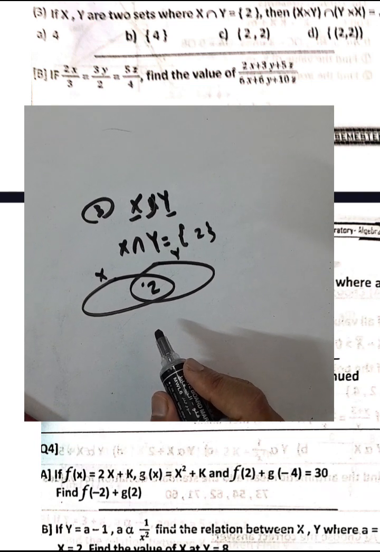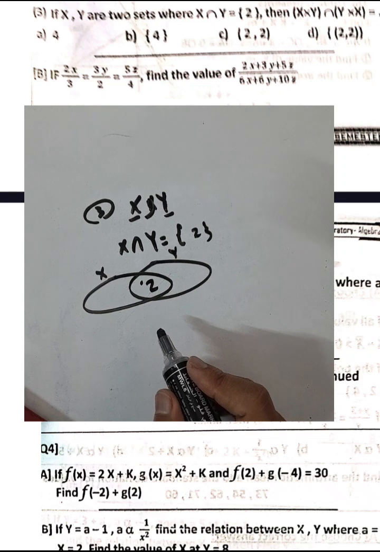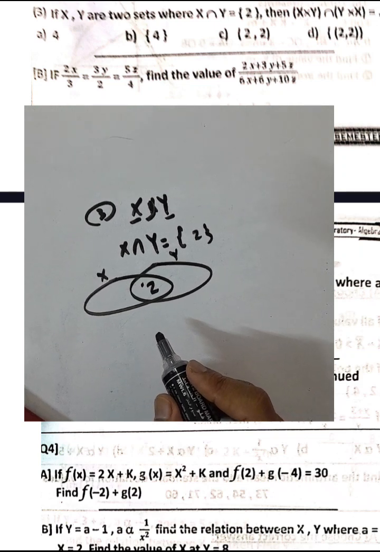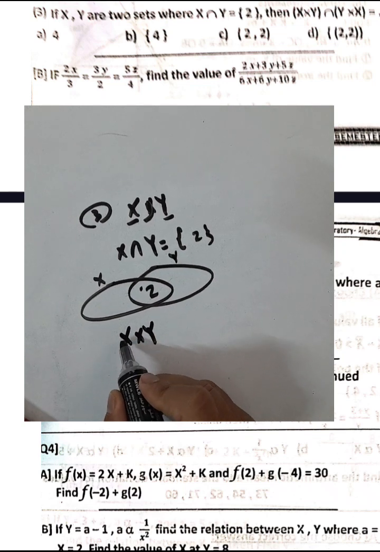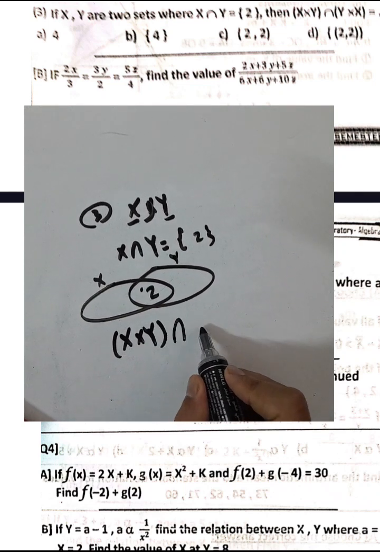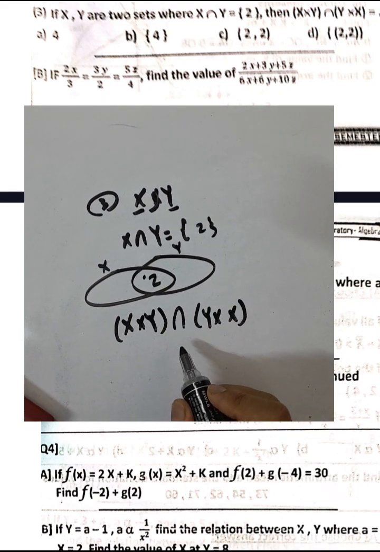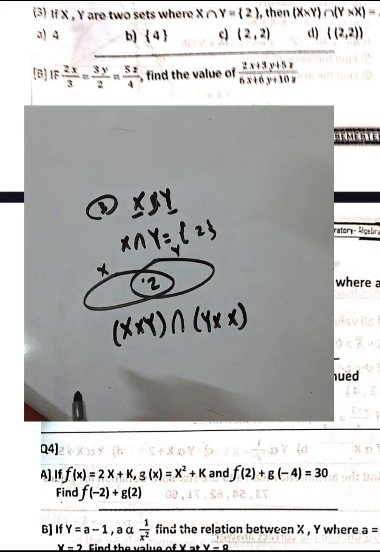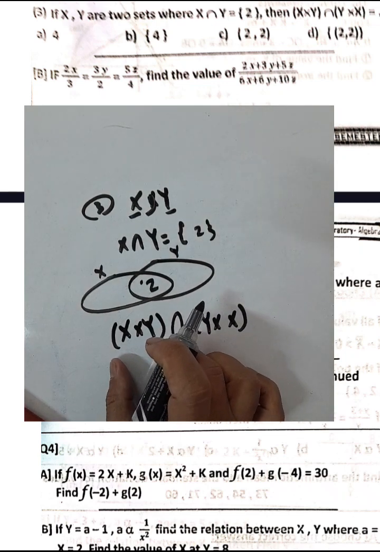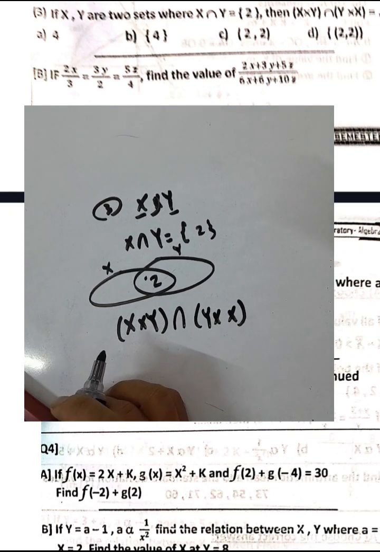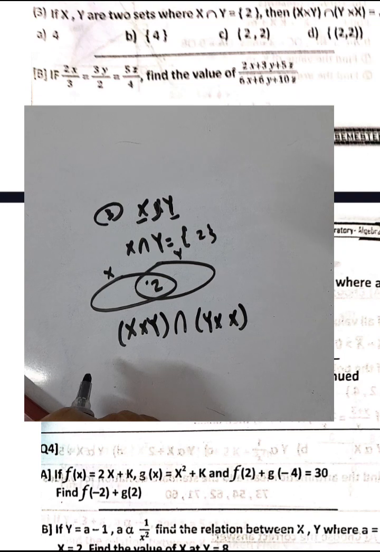We want to find the Cartesian product of x intersection y with y intersection x. We have two sets, the intersection between them equals 2.